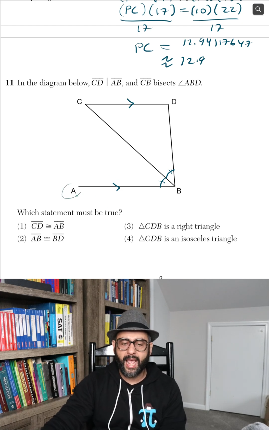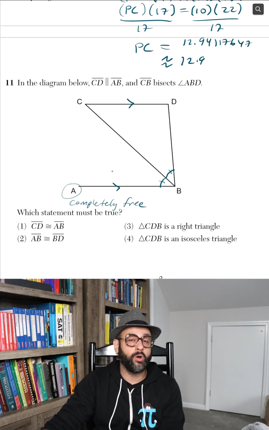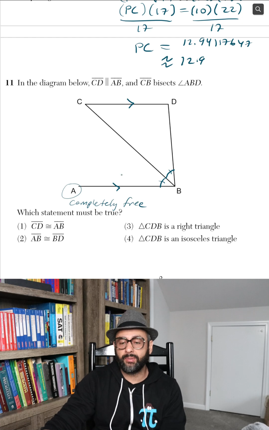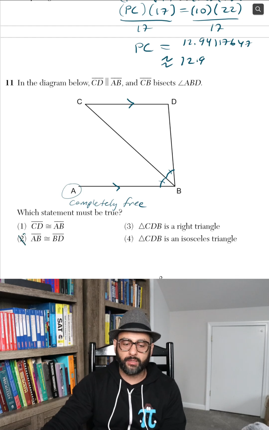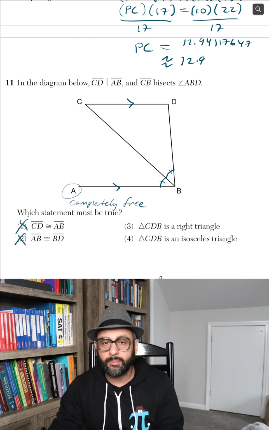So here's the thing. A is completely free. So AB could be as long or as short as they want to make it. So AB can't be said to be congruent to anything specific in the rest of the diagram. So choice 1 and choice 2 have to be incorrect.